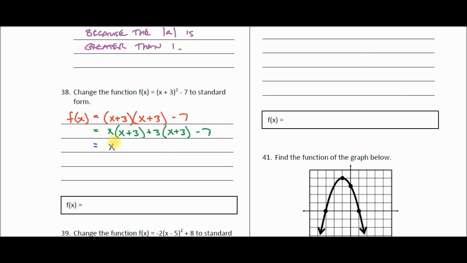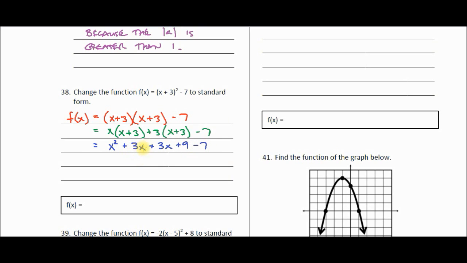X times x is x squared. X times positive 3 is 3x. 3 times x is positive 3x. And 3 times 3 is 9. Again, don't add those. It's not 3 plus 3. It's 3 times 3, which is 9, and then put the negative 7 on the end.